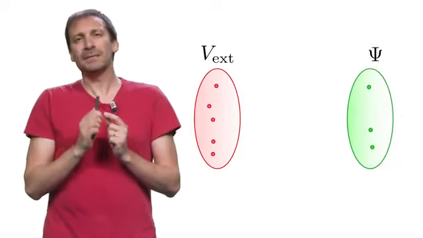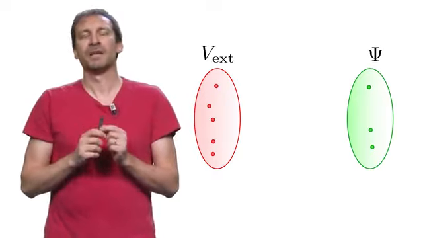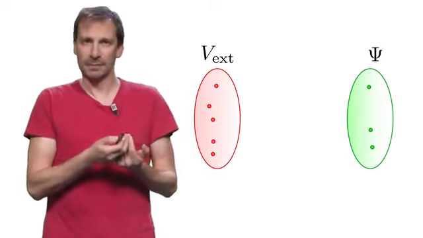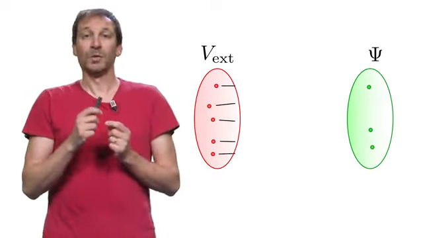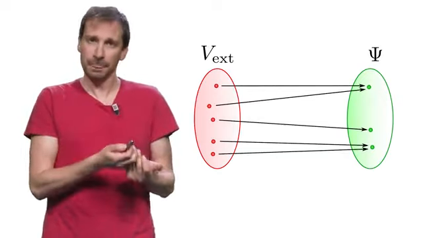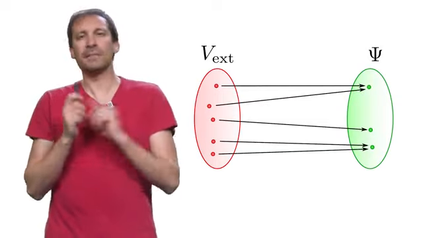Well, let's see what we can immediately say about this mapping. For a given external potential, we can diagonalize the Hamiltonian and obtain a wave function. We can change the external potential, diagonalize again, and obtain a wave function. Another one, or the same as before?